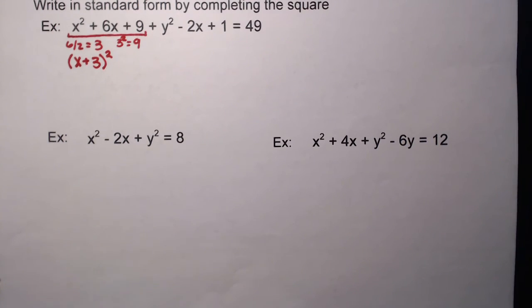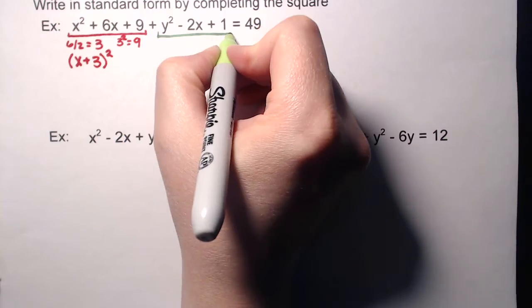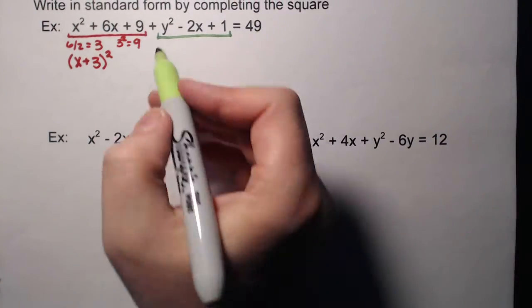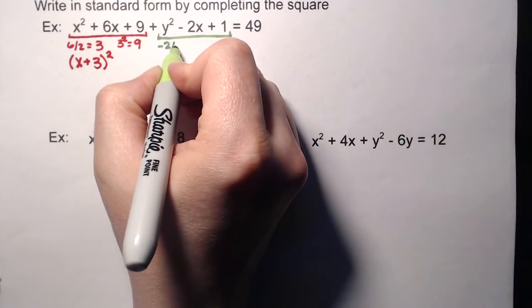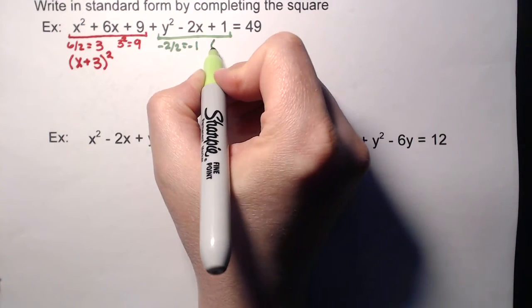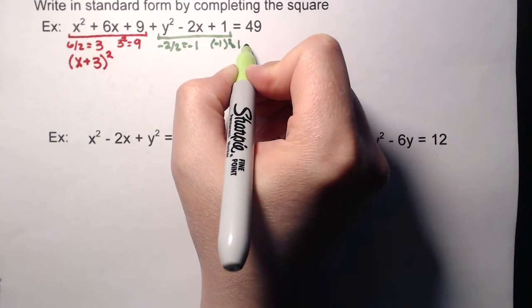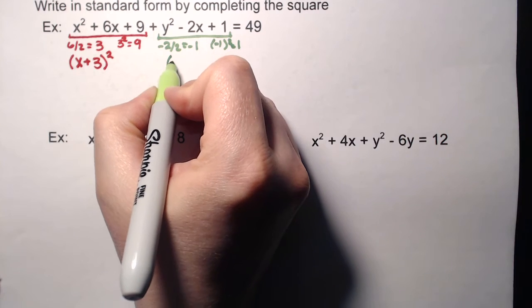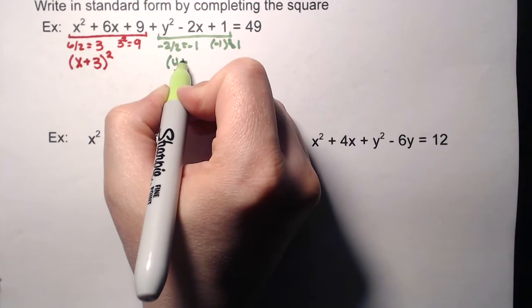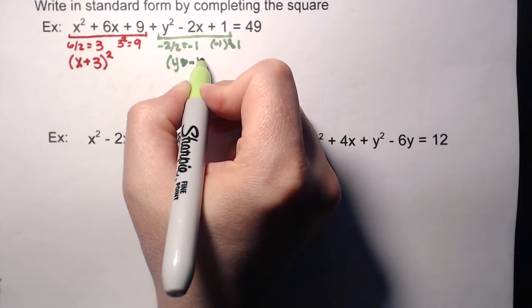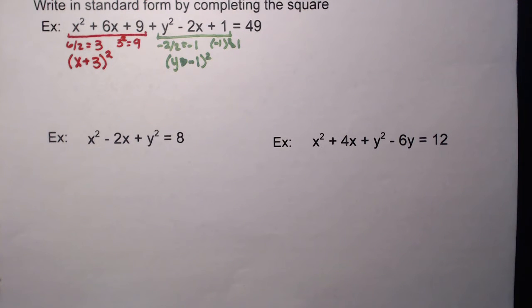Then I'm going to look here and say, okay, half this number, square it, and that's what I have there. So I can rewrite this as y minus 1 squared.